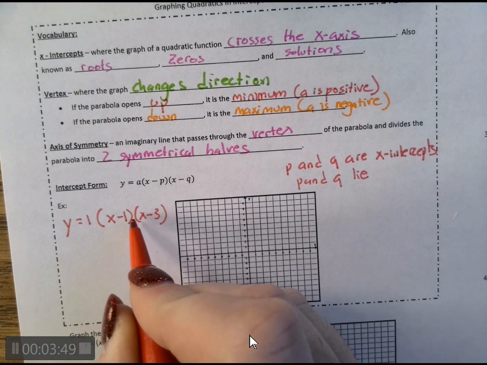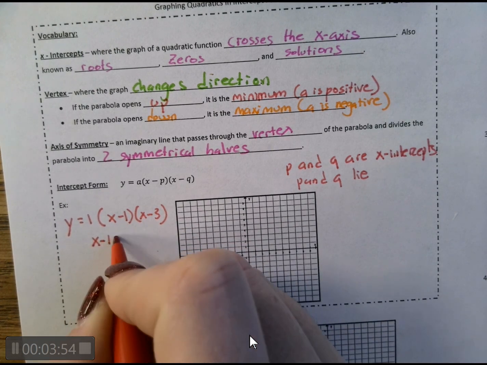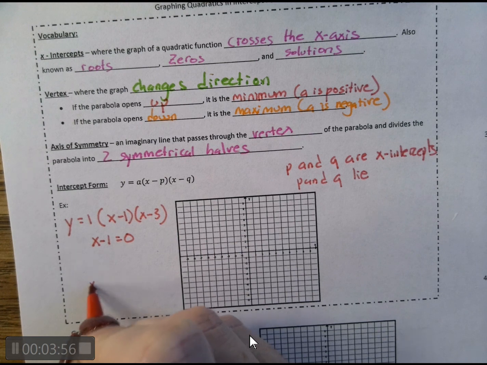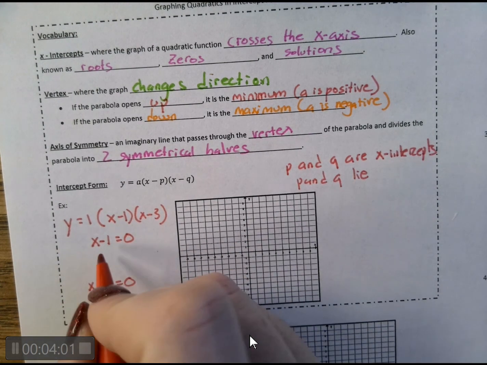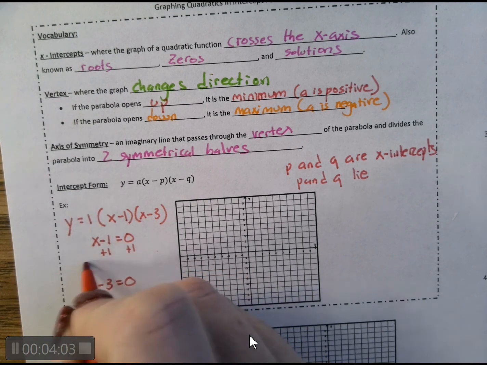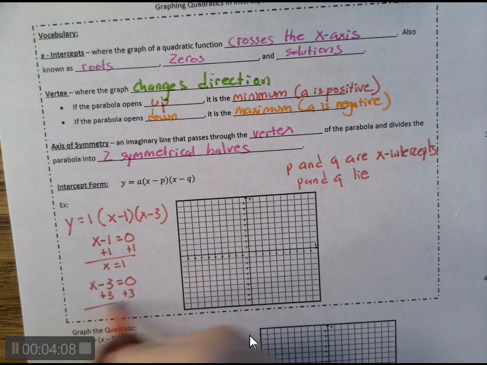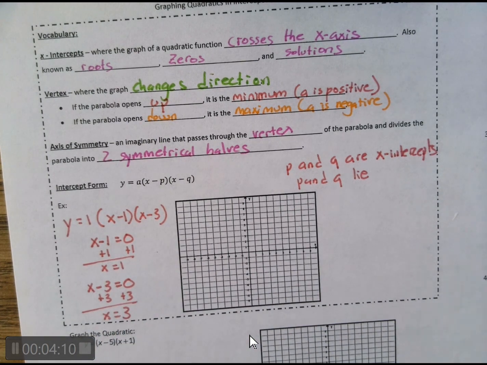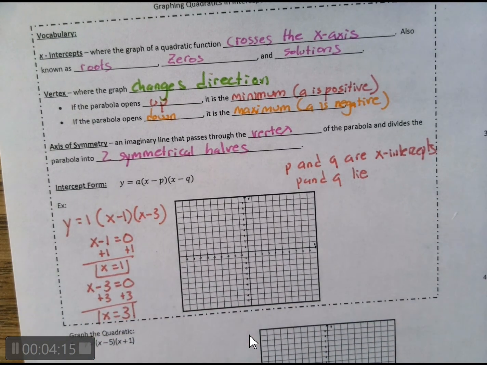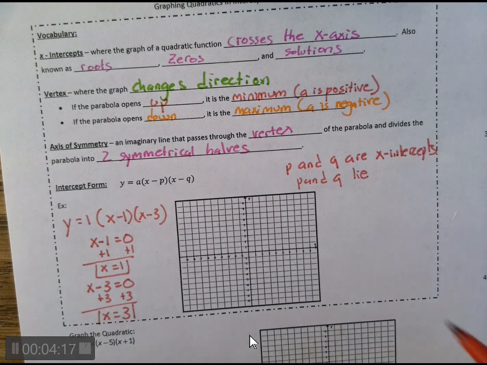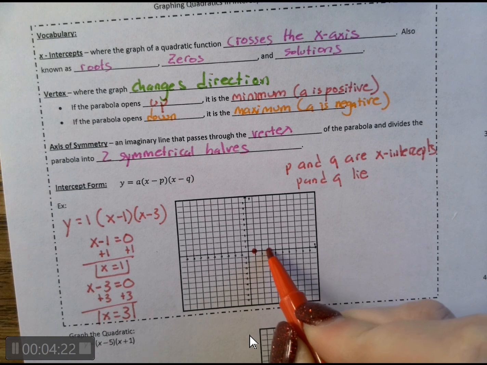So we're going to take each parentheses and set them equal to 0, and we're going to solve for x. So then our intercepts are x equals 1 and x equals 3. So then we can go ahead and graph at x equals 1 and x equals 3.